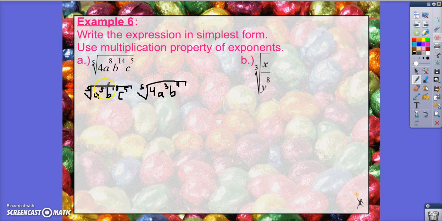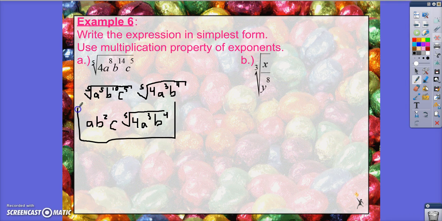All right, so now we're going to divide the exponents in here to here, right? 5 divided by 5 is 1, so I just get a to the first, or just a. 10 divided by 5 is 2, so I get b squared. 5 divided by 5 is 1, or just c. And whatever's left over just gets rewritten in the second root. A little 5th root there, and that's our answer.